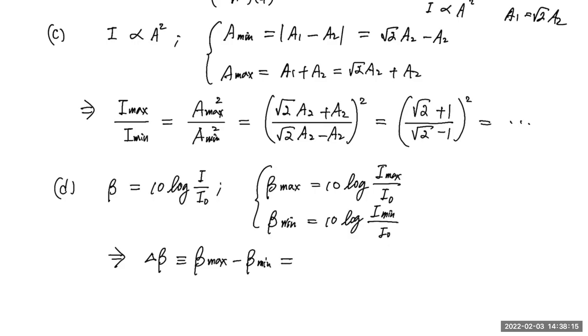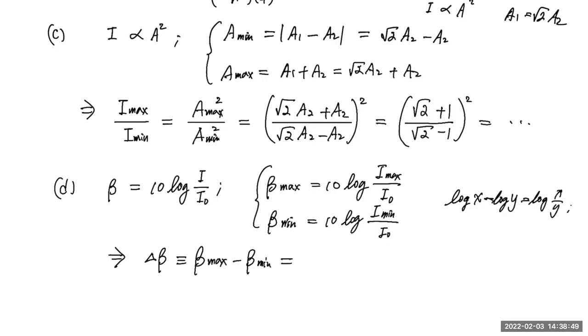As you walk from one speaker to the other, you're going to encounter a variation of sound level. And this delta beta is the greatest amount of change in the sound level as you walk from one speaker to the other. And we know this very common identity, log of x minus log of y is equal to log of x over y, right?